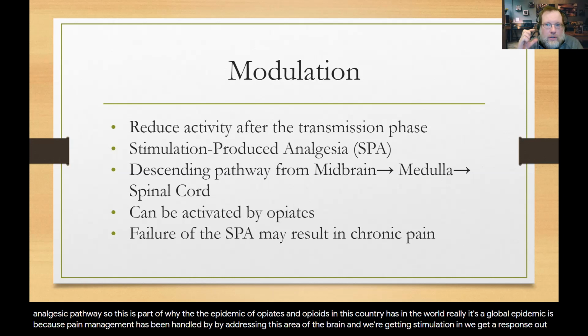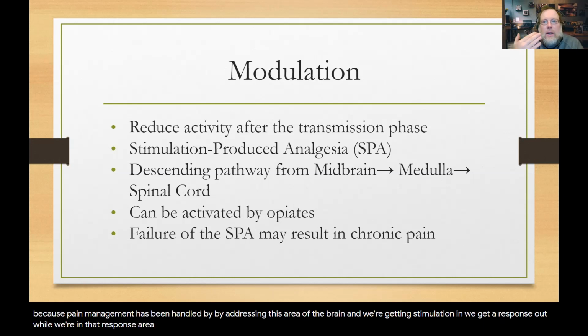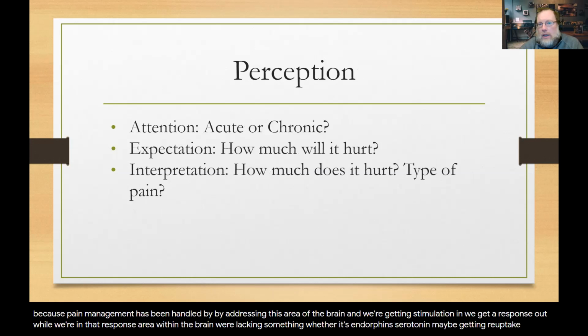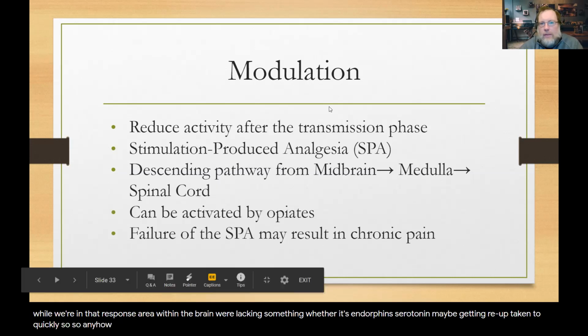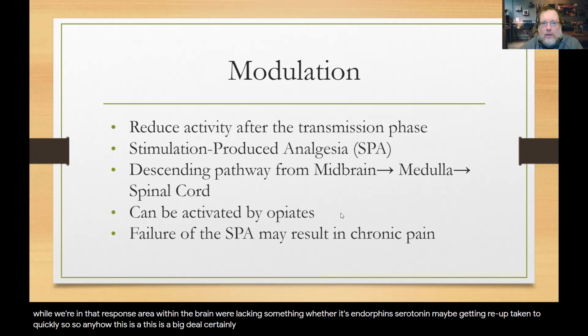Well, somewhere in that response area within the brain, we're lacking something, whether it's endorphins or serotonin, maybe getting reuptaken too quickly. So anyhow, this is a big deal, certainly, how we handle or modulate our pain.